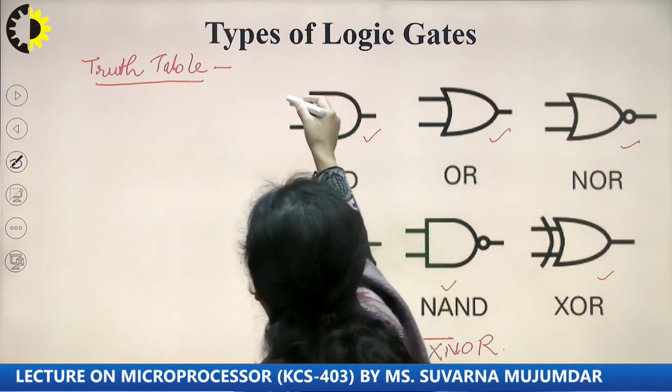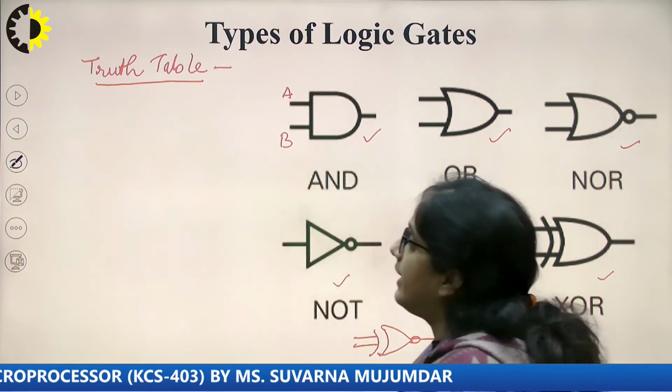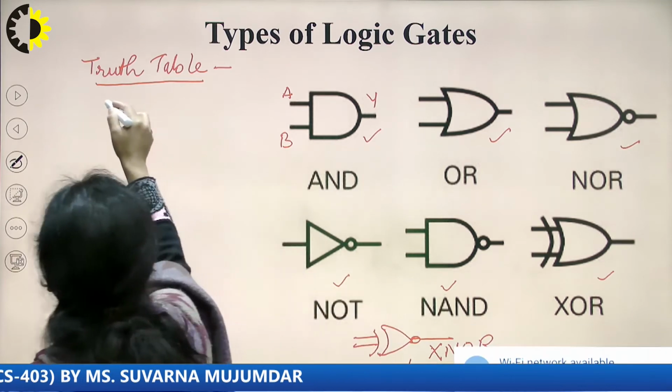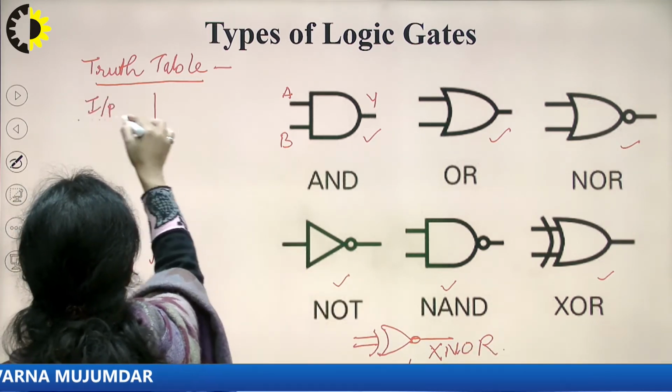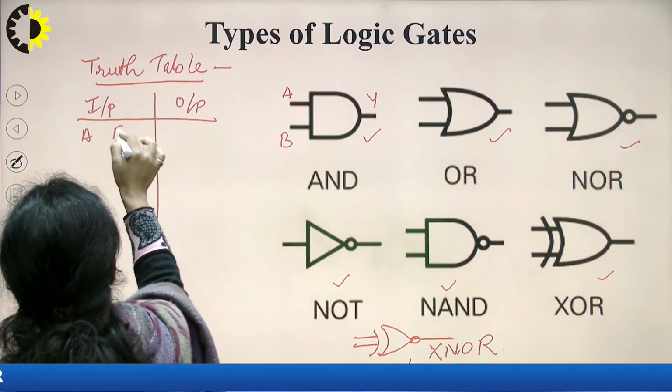I will name A and B as the inputs to the AND gate and Y as the output. So, input and output: A, B and Y.